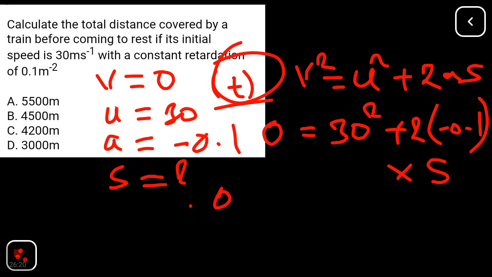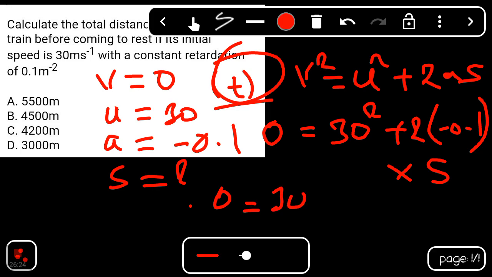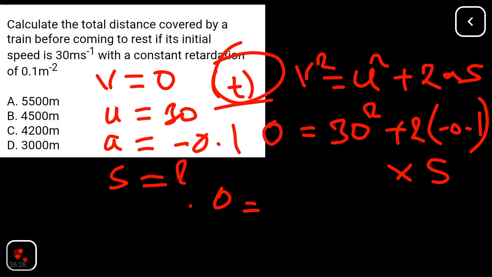So on the left is 0 equals 30 times 30. Let me break it down, which is 900. Now here we have negative, so this will turn minus 0.2s.